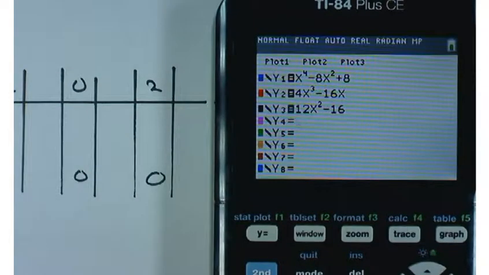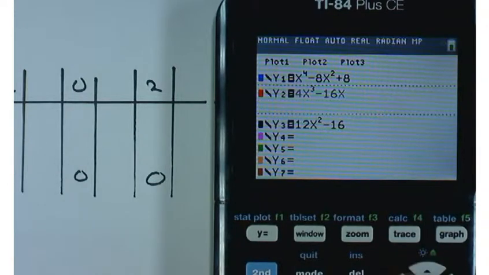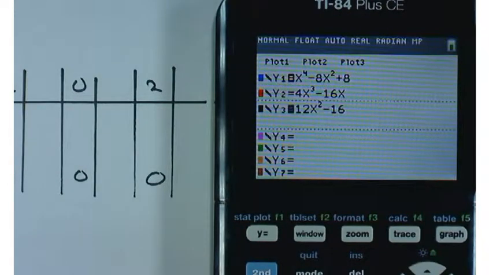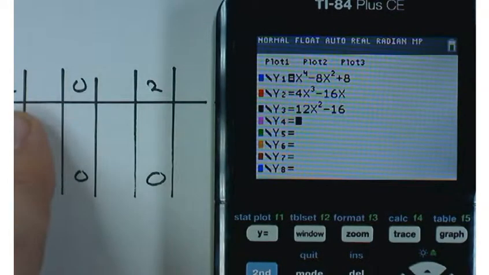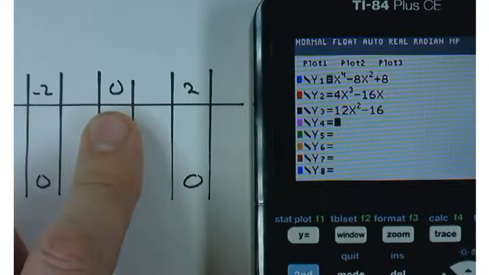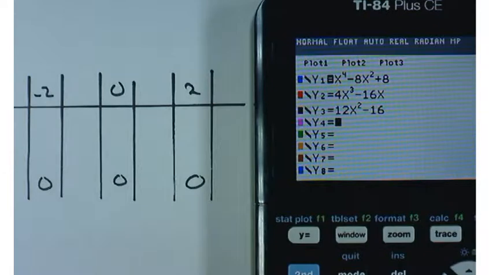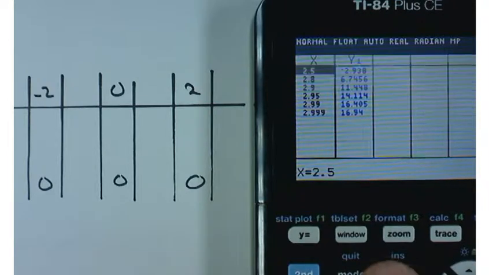But right now, I just want to look at the actual function. So I'm going to shut these two off, cursor up to the equal sign, and press enter there. I want to know what's the y value at -2, what's the y value at 0. Well, the y value at 0 should be pretty clear. Can you tell me what the y value of 0 is? 8.